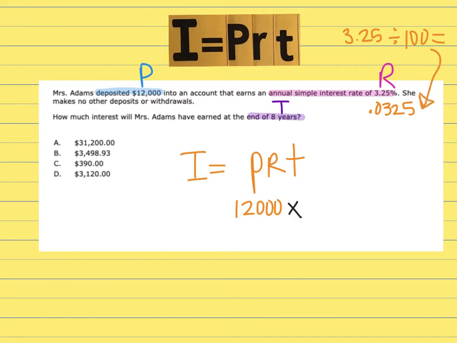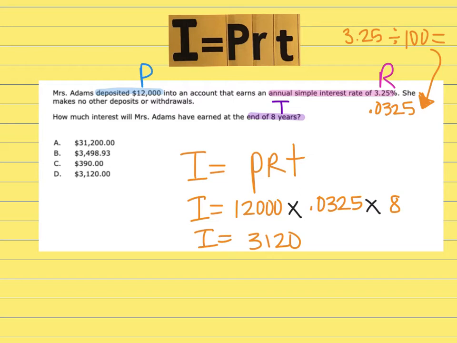Then that will tell you what your decimal version would look like. And then the amount of time is already in years, so I can just say 8. And this will tell me my amount of interest. When you type all of that in your calculator, you get $3,120 exactly.